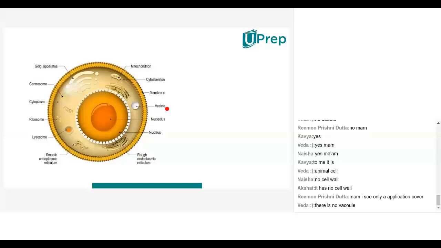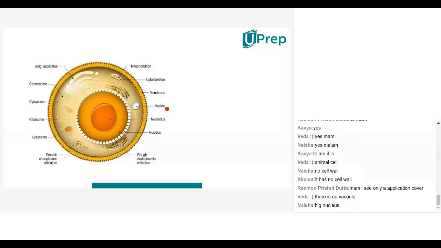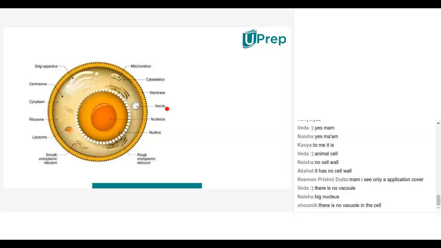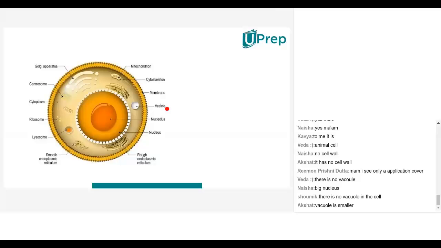Yes, very good. There isn't any chloroplast. And the nucleus is very big. Yes, the cell is round. Yes, good. Nice. Excellent. Yes, the cell is actually smaller. So if you see a big nucleus, we can conclude it as an animal cell.